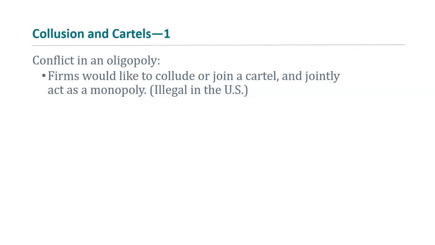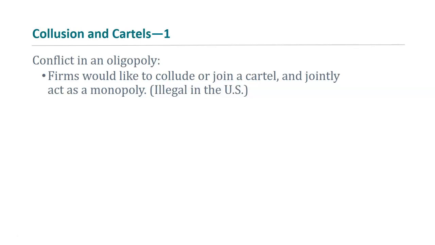So remember, perfectly competitive firms don't make profit in the long run. A monopoly can make profit in the long run. And so if you can get together and set your prices and quantities to look like what a monopolist would do, then you can generate profit in the market and split the winnings, right?